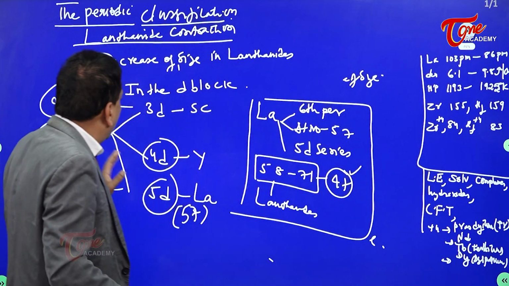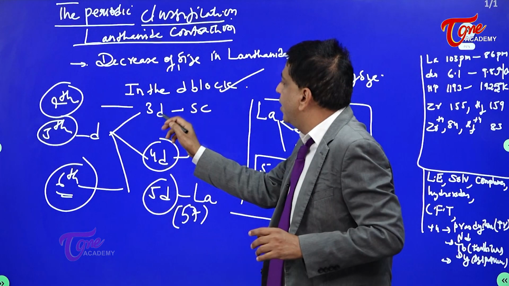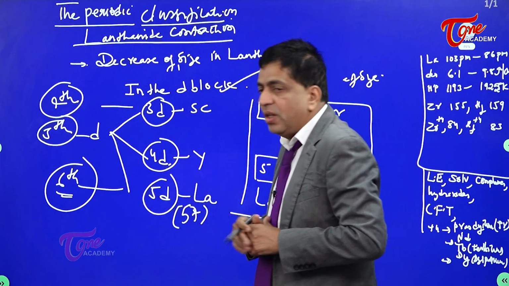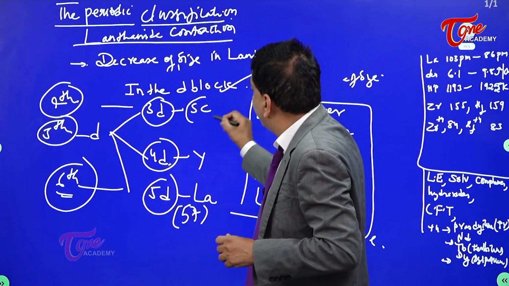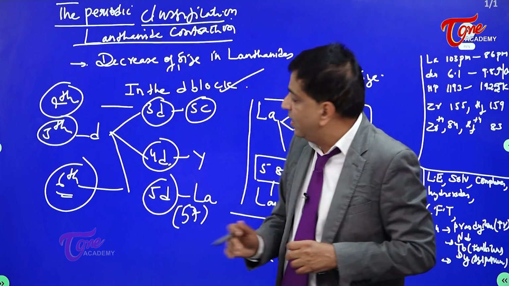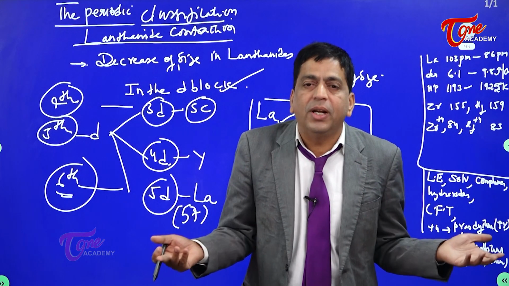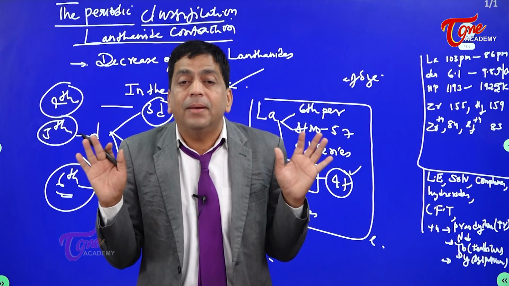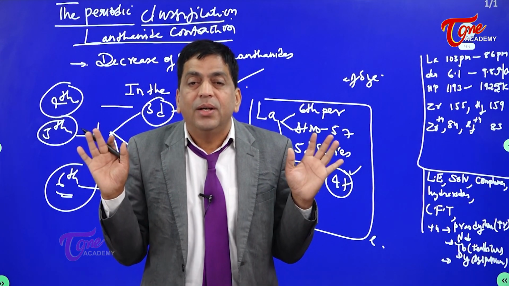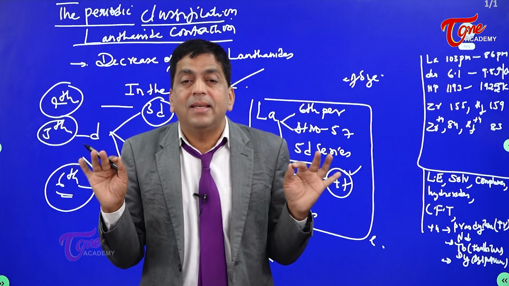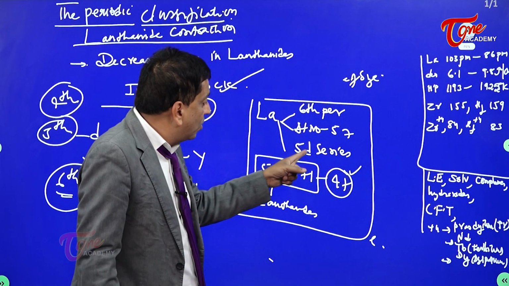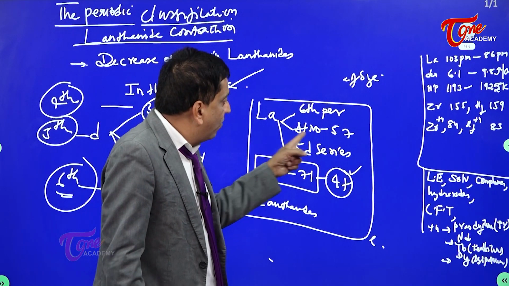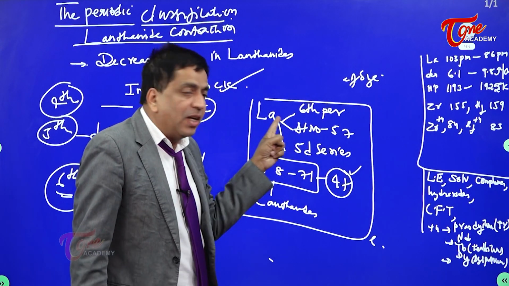So in the periodic table, the D block has the 3D series, 4D series and 5D series. The 3D series starts from scandium, the 4D series starts from yttrium, and the 5D series starts from lanthanum. So lanthanum is a D block element belonging to the 5D series, atomic number 57, 6th period.